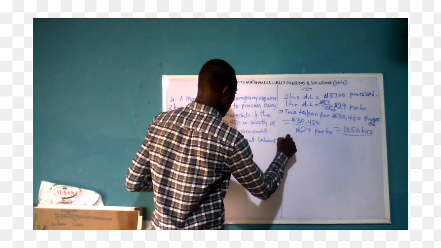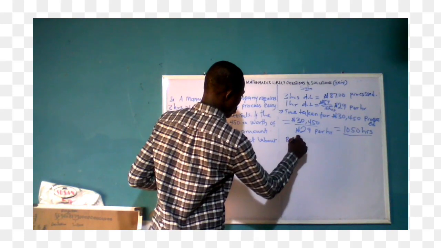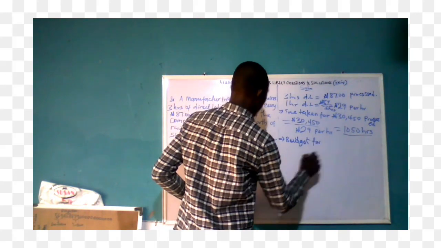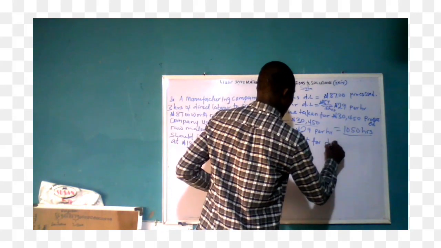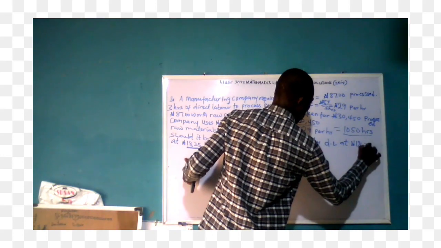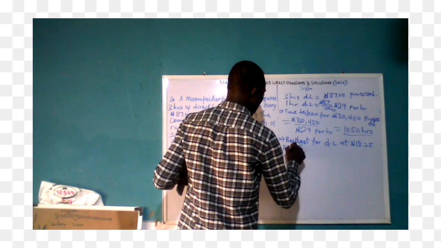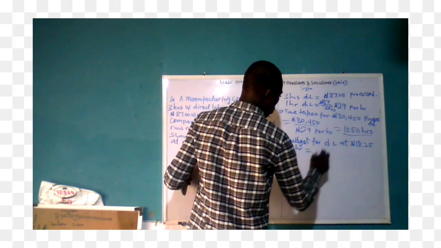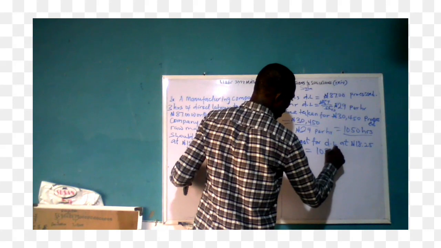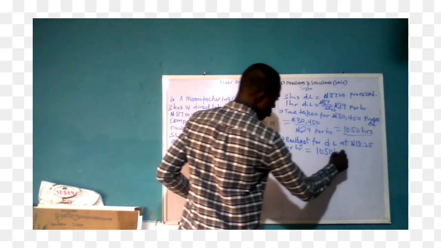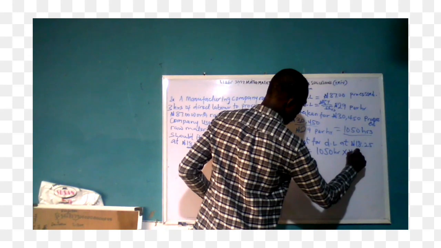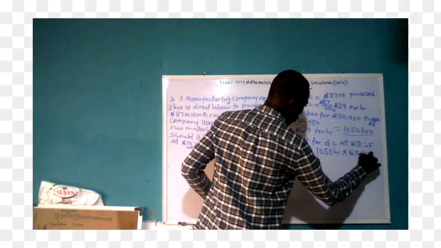So we have to budget. It implies that the budget for direct labor at 18 naira 25 kobo per hour will be equal to 1050 hours multiplied by what it costs them for an hour, which is 18 naira 25 kobo.